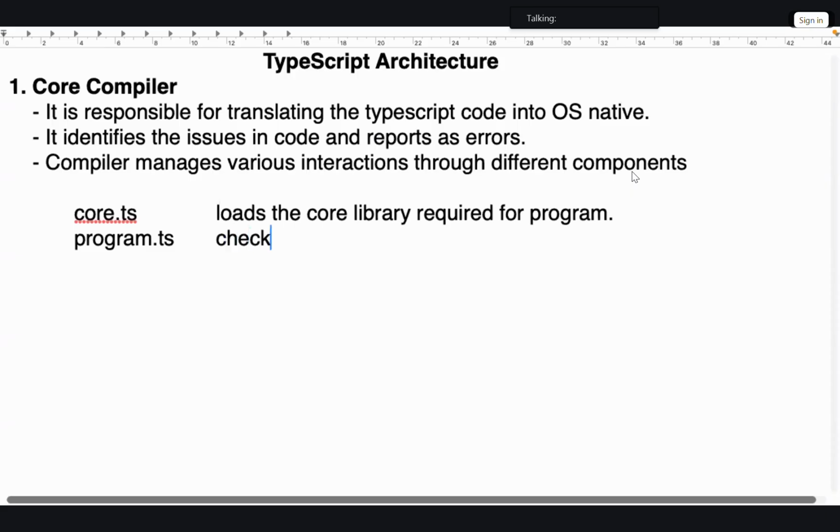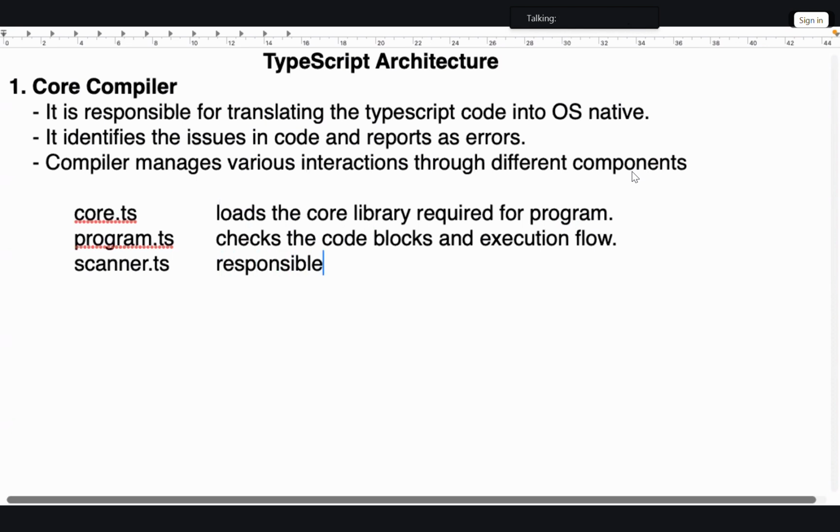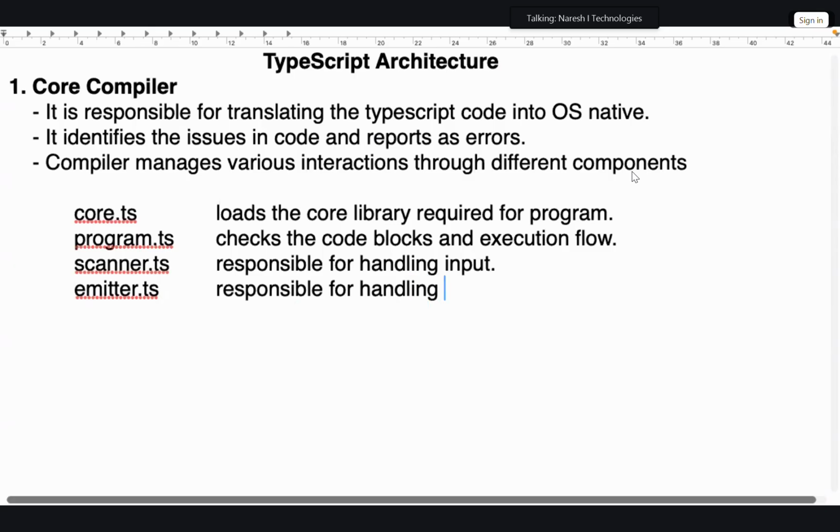Program.ts checks the code blocks and execution flow. We have scanner.ts, responsible for handling input. Emitter.ts is responsible for handling output.